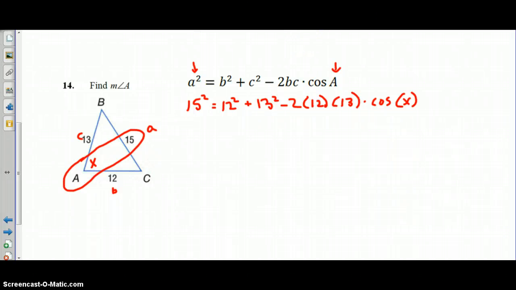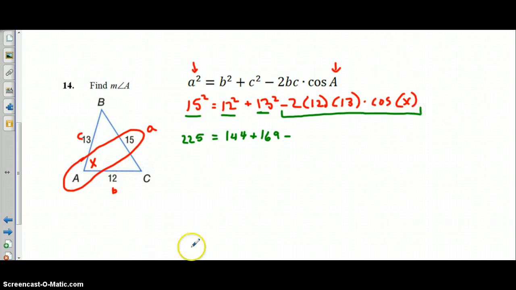Going through and simplifying, we can simplify our exponents. 15 squared is 225. 12 squared is 144. 13 squared is 169. And then subtracting, we have to multiply negative 2 times 12 times 13.